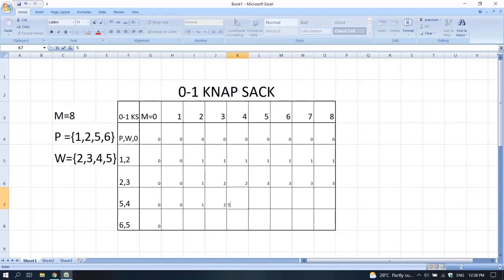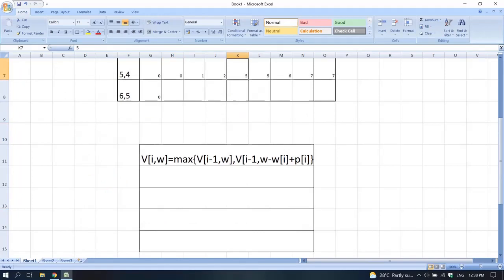So we will include this object. Similarly 5. Now capacity is 6. For capacity 6, we will include the first and the current object, so our profit is going to be 6. Now for 7, our profit is going to be 7, because we will exclude the first object and include the second object.